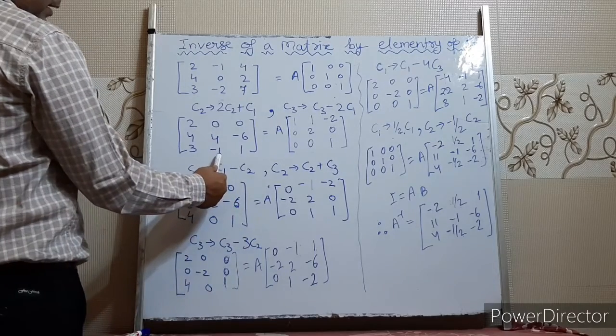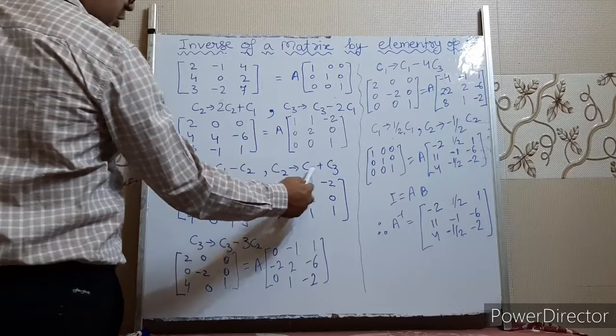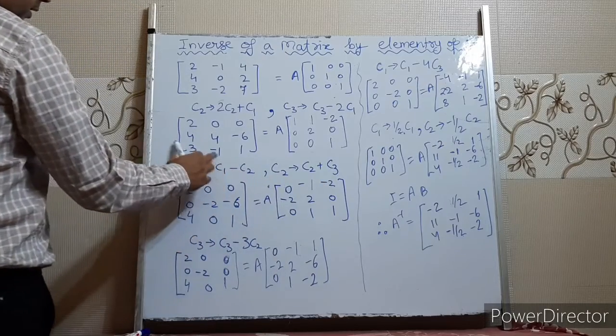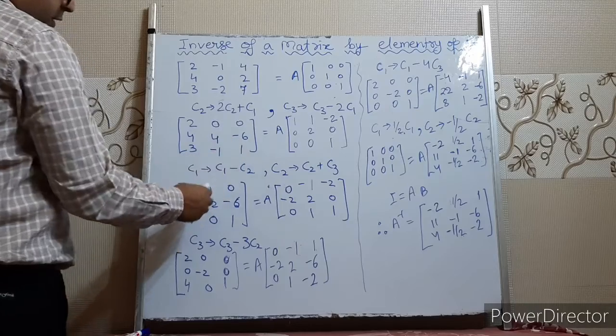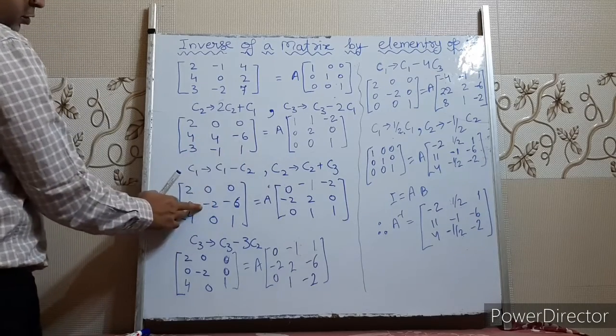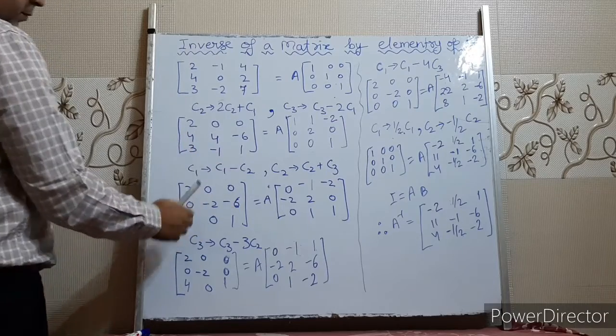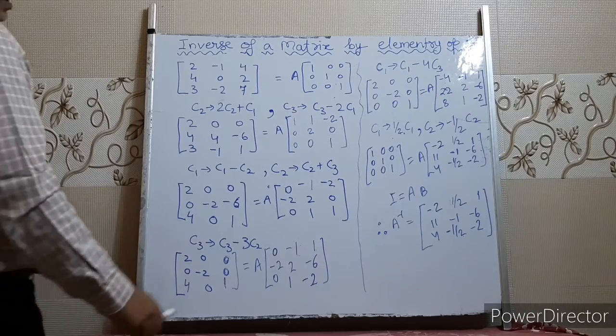And we can make this term 0 as well by adding C2 and C3. So I have added C2 and C3 and made this particular term 0. So when you add C2 and C3, 0 plus 0, 0, 4 minus 6, minus 2, and minus 1 plus 1, 0. Okay children, we need to find out as many zeros as we can.